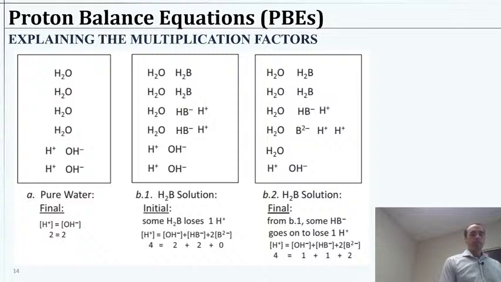So considering water and B2 minus, we can recognize that for every water, there's a B, and B2 minus, we have 2 protons there. For every water and HB minus, we have 1 proton, right?